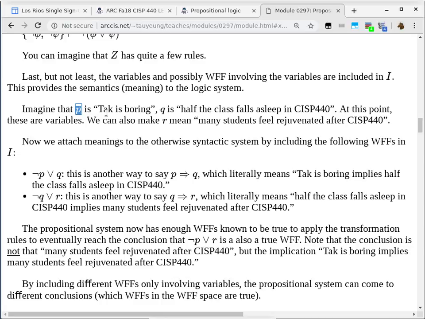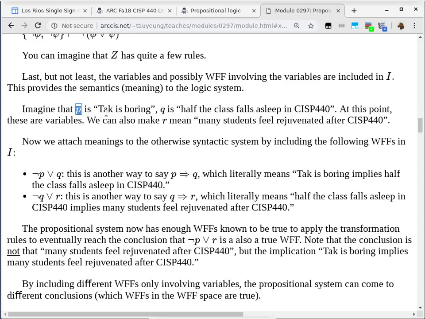How do you make that true? There are several ways to make it true. We don't know which way. Is that okay? And then the next one: let's also say that not Q or R is known to be true. In the context of this joke, not Q means half the class does not fall asleep in cisp440, and then we have an OR with R, many students feel rejuvenated after cisp440.